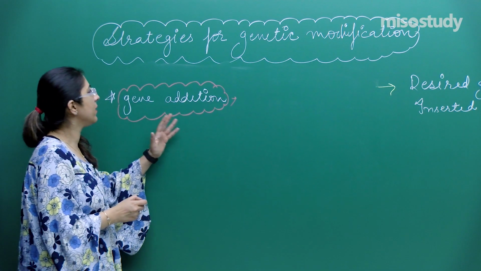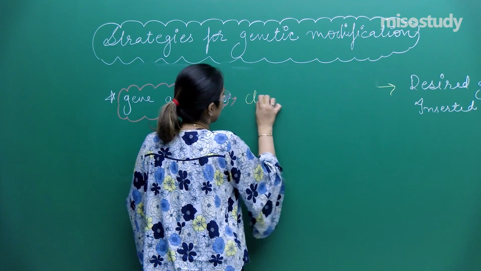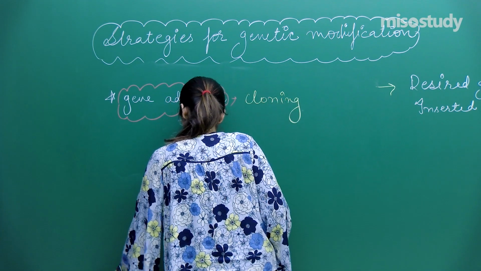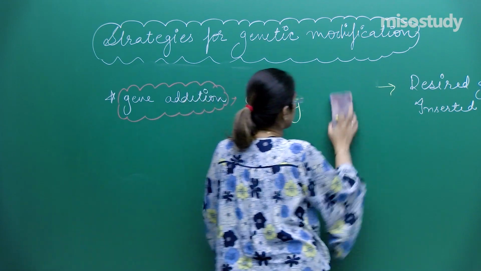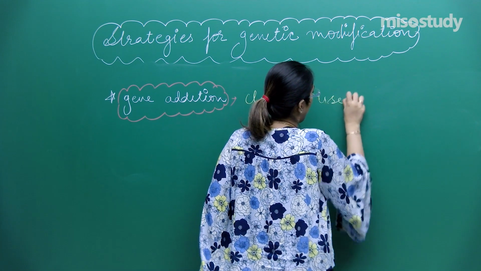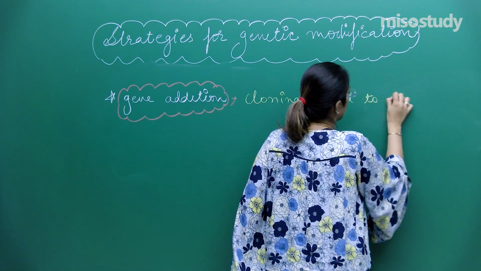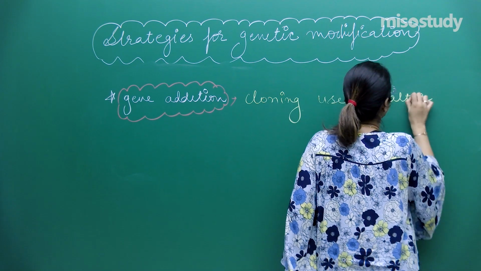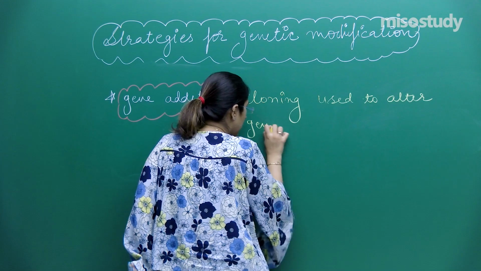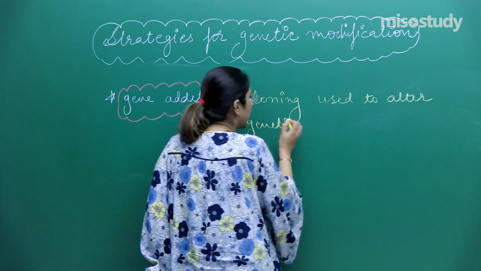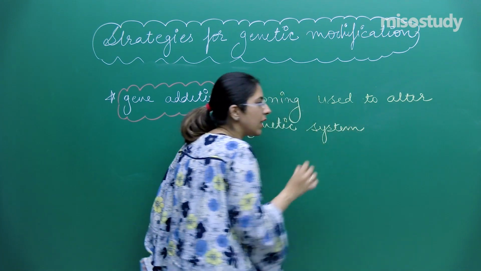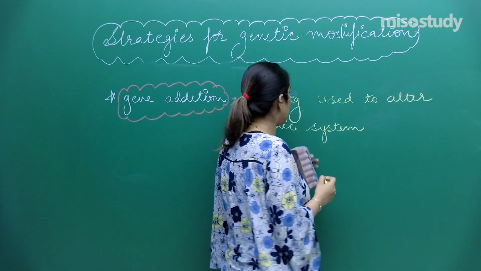So what do you mean by gene addition? Cloning used to alter the genetic system of plant, because we are considering plant, so I will use the word plant over here.